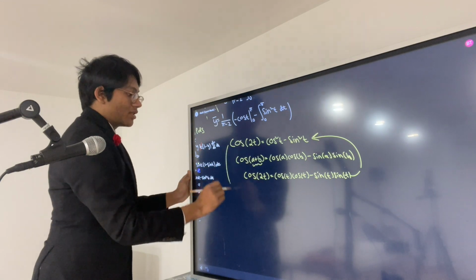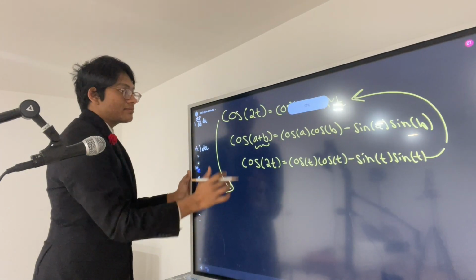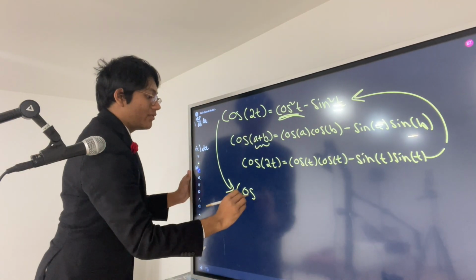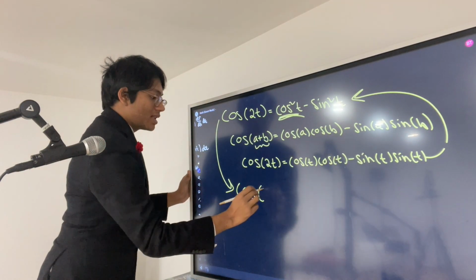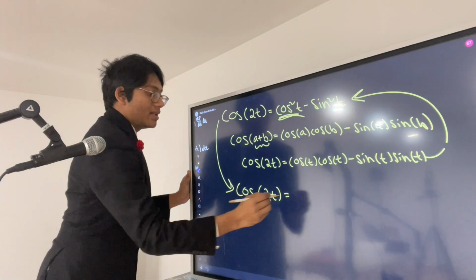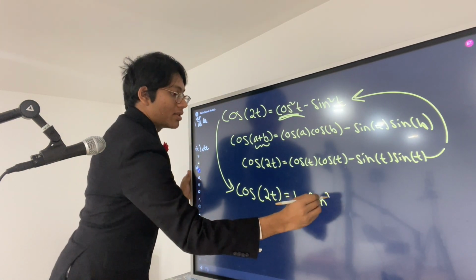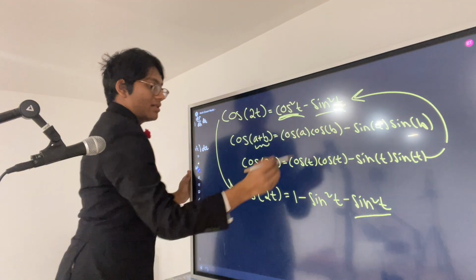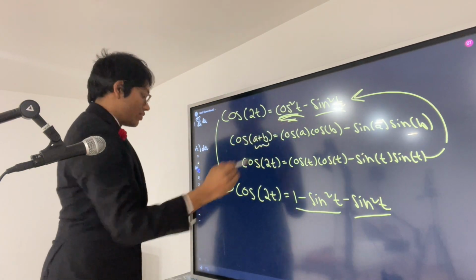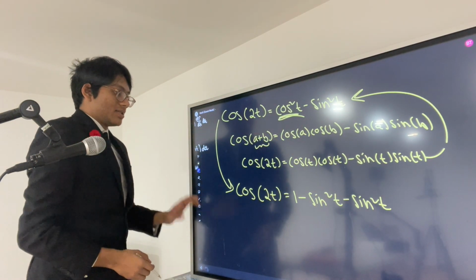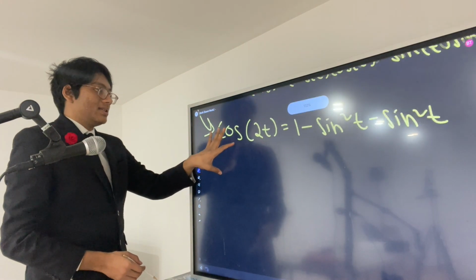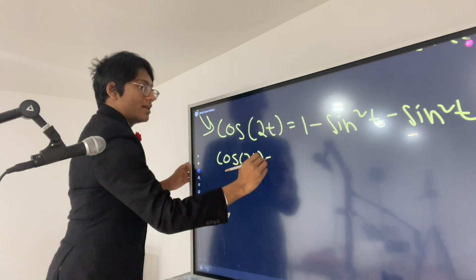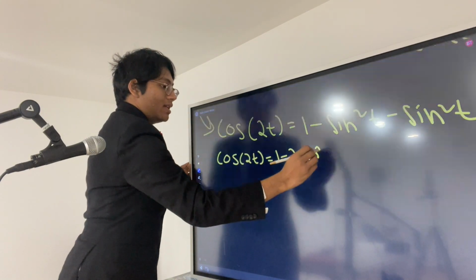So how can we use this to our advantage? Well, remember that we can rewrite cosine squared t in terms of sine. So cosine of 2t is simply 1 minus sine squared of t minus sine squared of t. This sine squared of t comes from here, and this 1 minus sine squared t comes from cosine squared of t. Okay? So now I can simplify this. Cosine of 2t is 1 minus 2 sine squared of t.